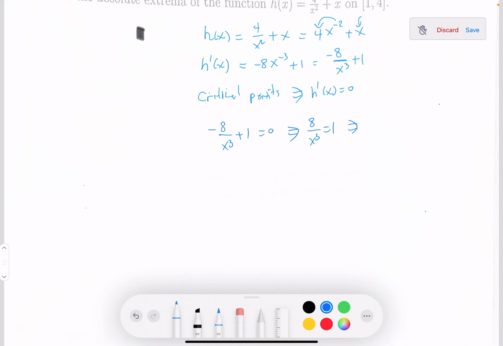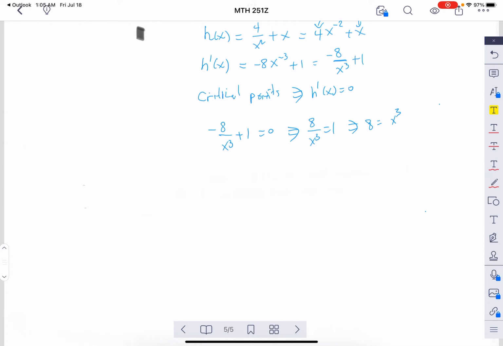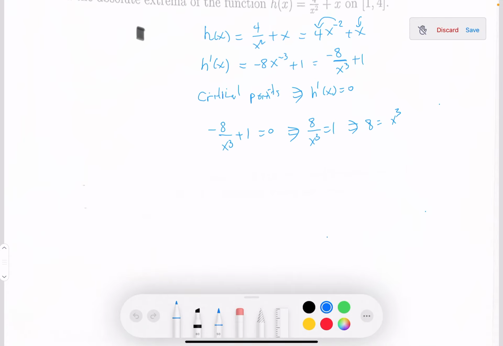Then if you multiply x cubed on both sides, it's 8 equals x cubed. So x is 8 to the power 1/3. If you do this in your calculator, you're going to find this equal to 2. So the answer for this is 2.